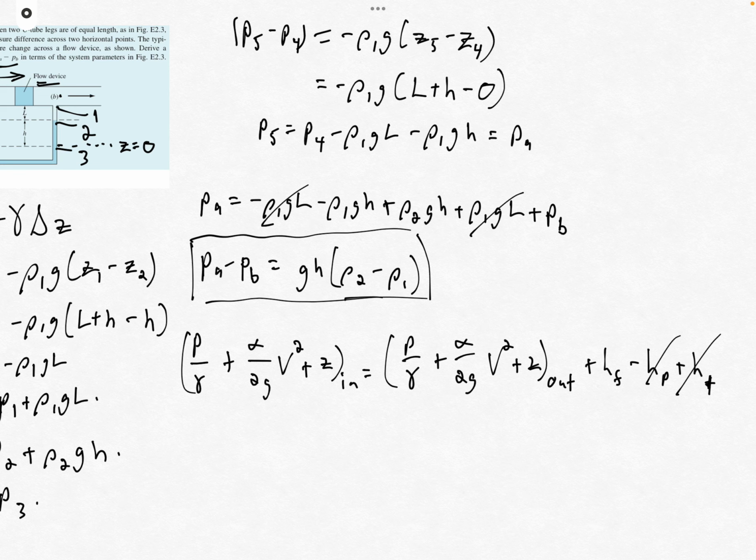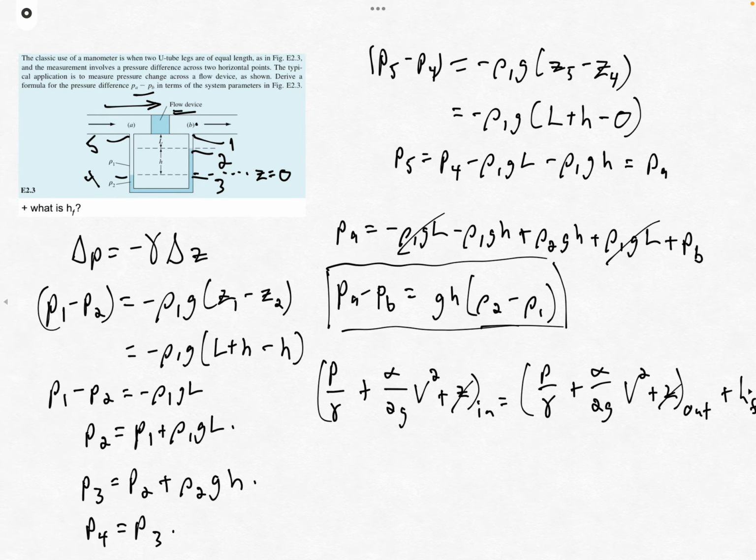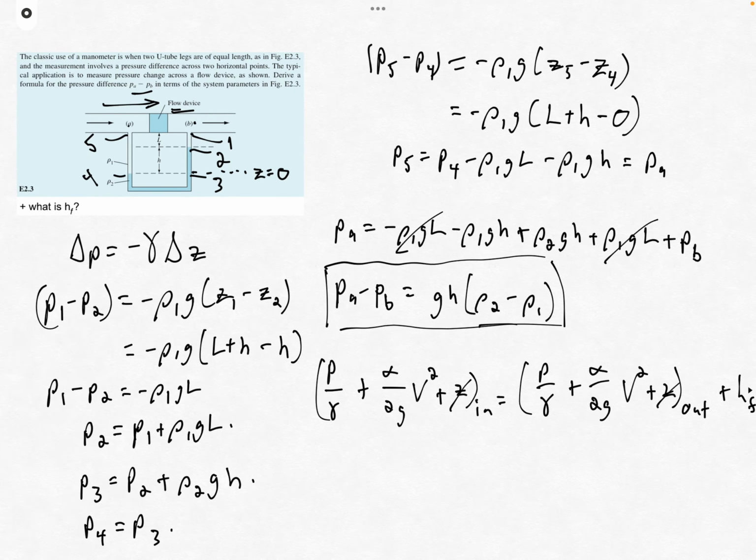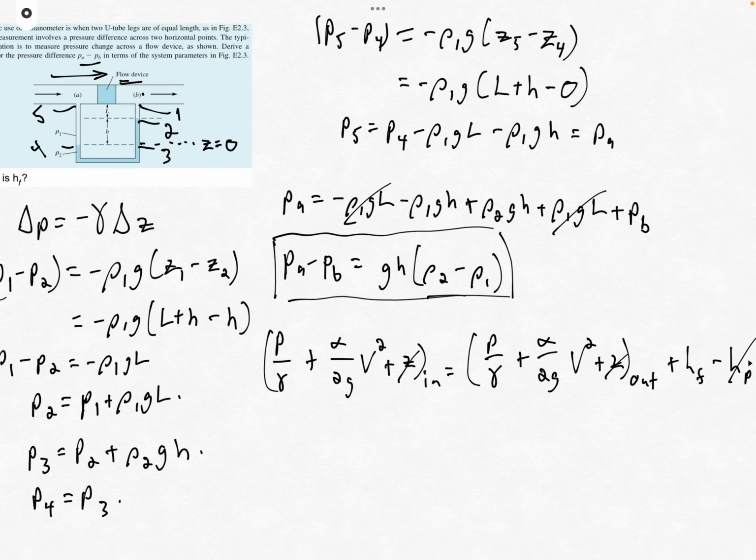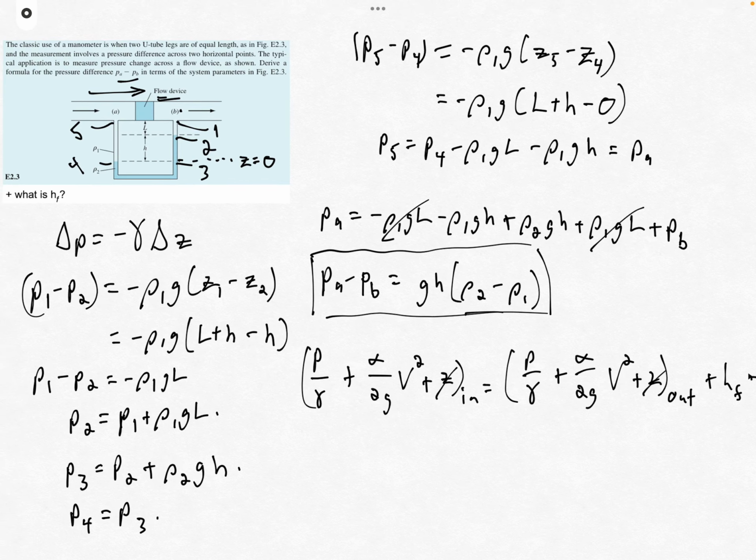The Z between inlet and outlet is the same if we're considering just whatever is going on through this flow device. ZA is equal to ZB, and so the Z's are the same. And we haven't said anything about the area between section A and section B, but from this drawing, it looks like the areas are the same.